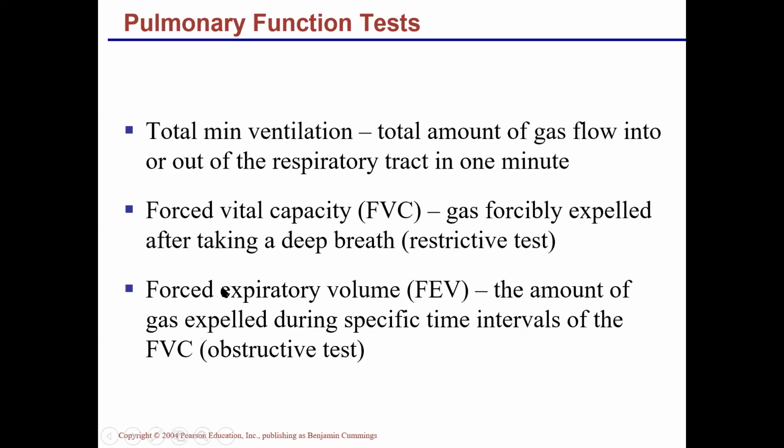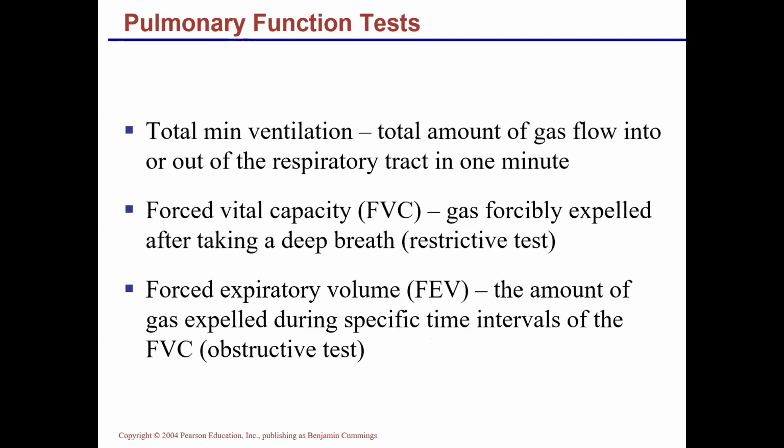The third one is called forced expiratory volume. This is the amount of gas expelled during specific time intervals, normally the first second. So you take a deep breath, inhale as much as you can, and then you start to blow, and you measure and time how much air you get out in the first second.